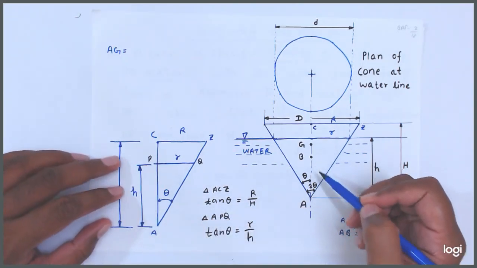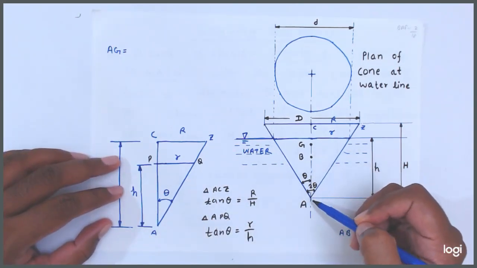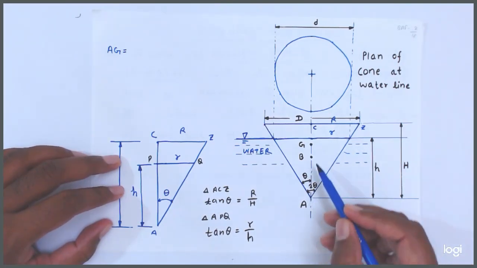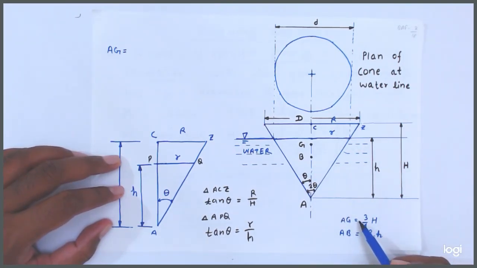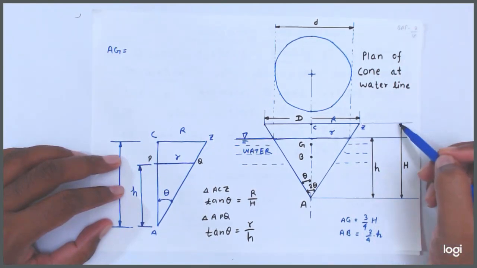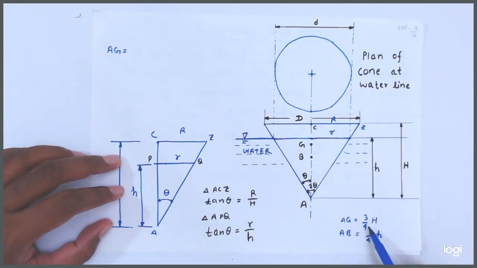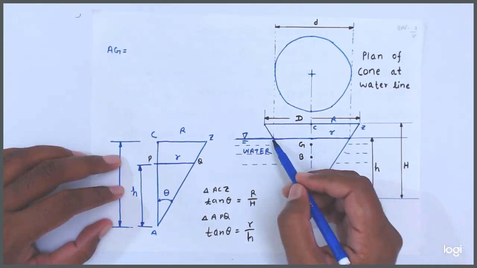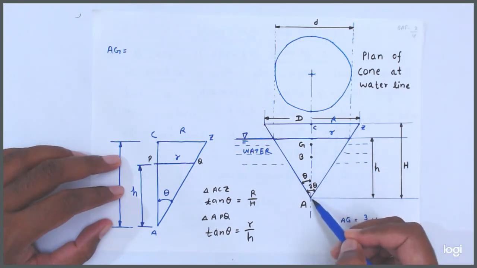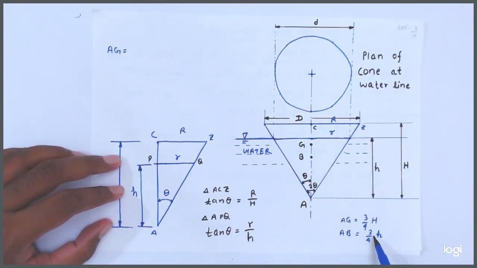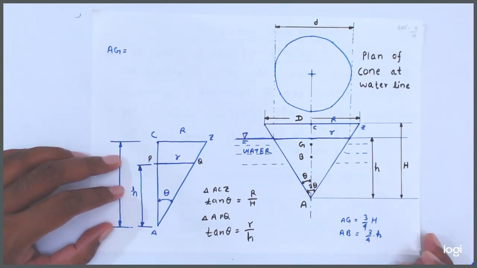In the case of a cone, AG, A to G, is equal to 3 by 4 into the total distance. So for the center of gravity of the body, AG is 3 by 4 into capital H. Similarly, for the center of buoyancy of this cone, AB is equal to 3 by 4 into small h. Okay friends, things are getting clear.